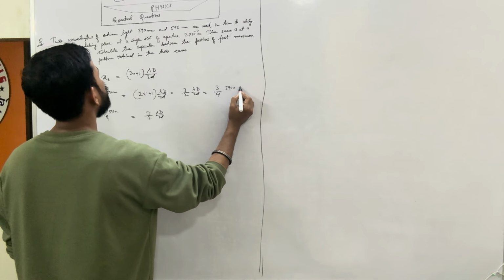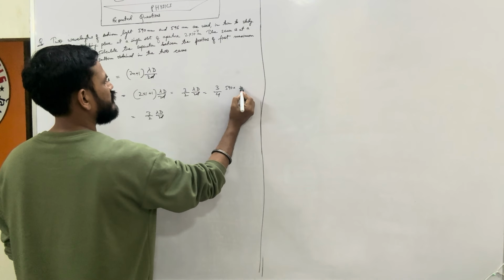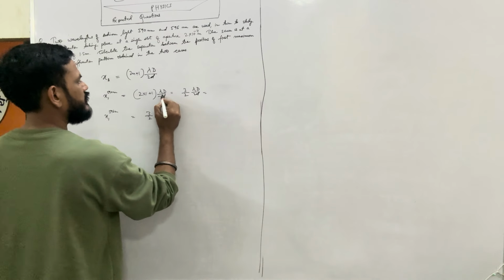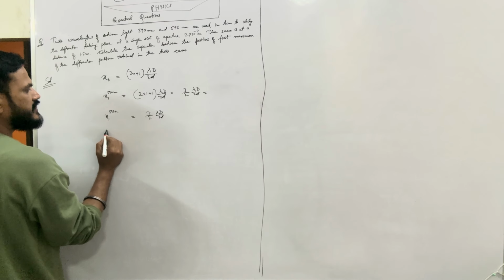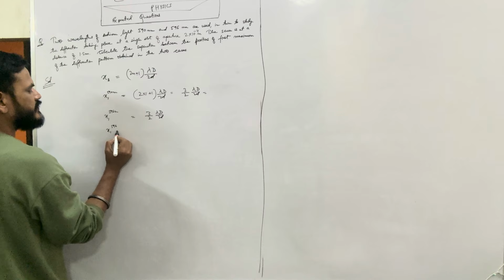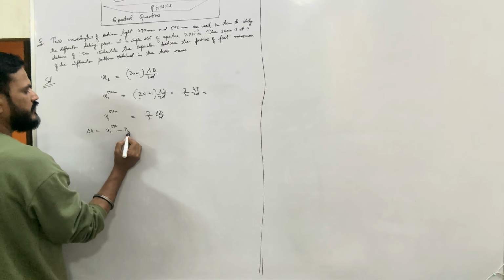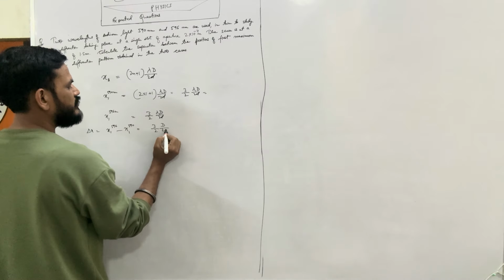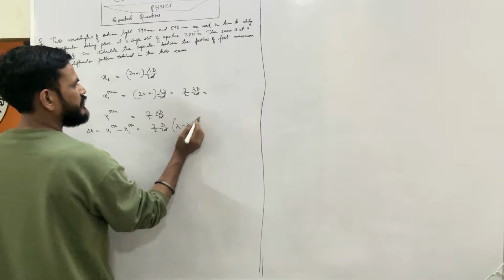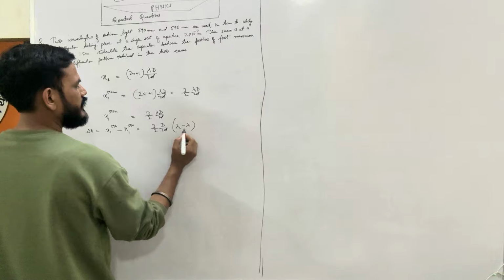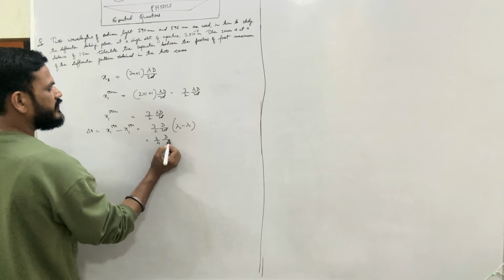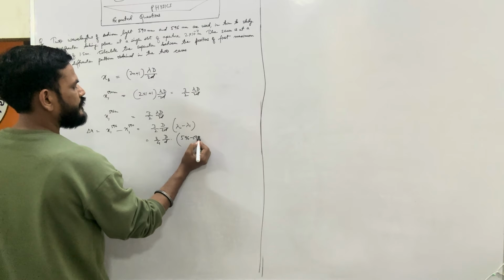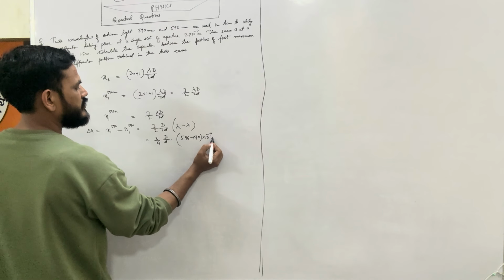590 into the screen distance, which is 1.5 meter, divided by d. Let it be lambda 1 and lambda 2, so that separation will be x1 596 minus x1 590, so it will be 3 by 2 d by 2d lambda 2 minus lambda 1, so it is 3 by 4 d by d, lambda 2 minus lambda 1 is 596 minus 590 nanometer, means 10 to the power minus 9 meter.